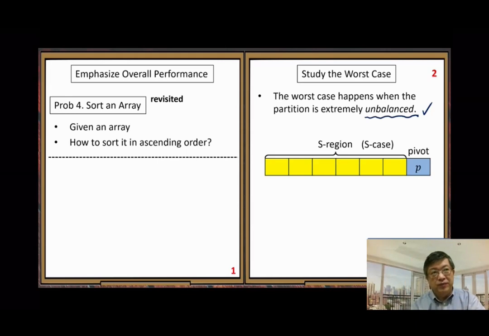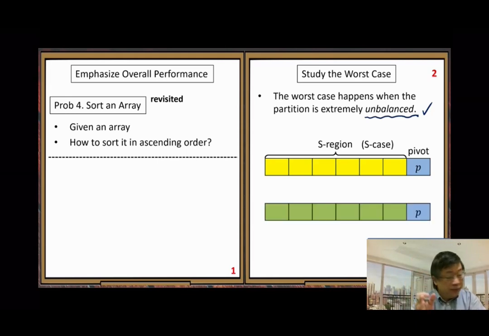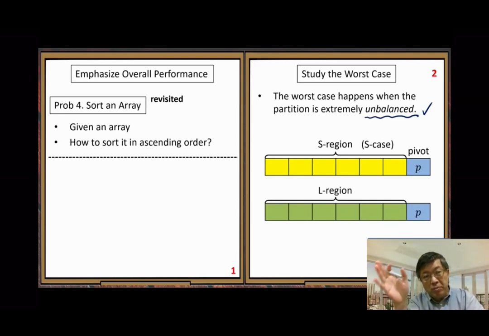There is another one, similar situation, but this time we have all the elements except the pivot element all in the L region, and the S region is empty. These two cases will cause eventually the worst case.